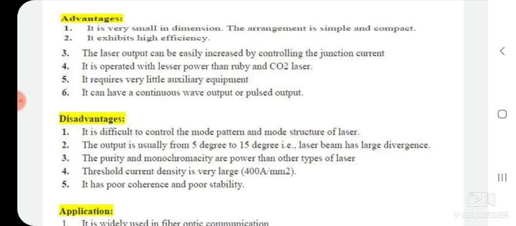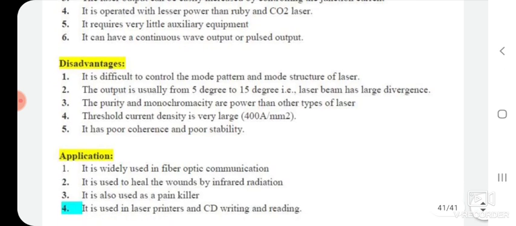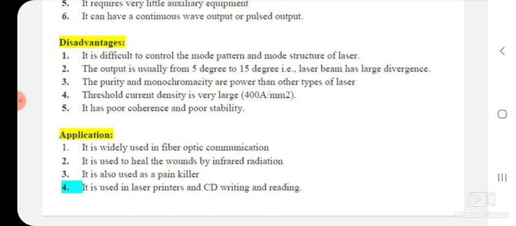The threshold current density is very large in this type of semiconductor diode laser. It has poor coherence and poor stability. So these are the disadvantages related with semiconductor diode laser.